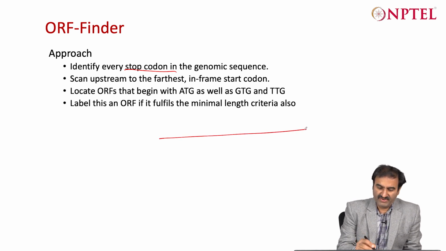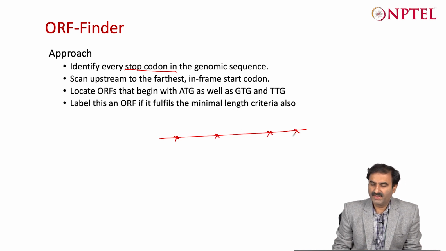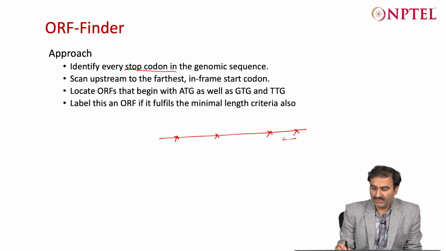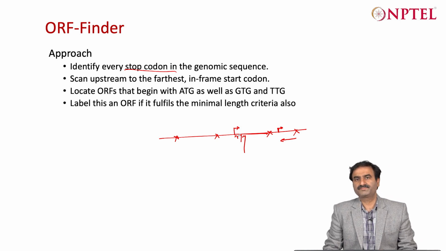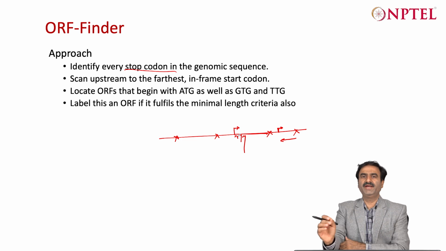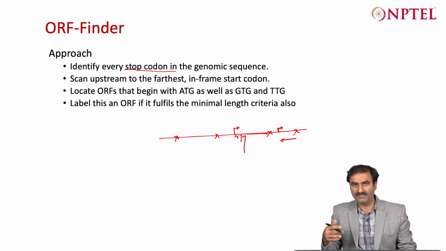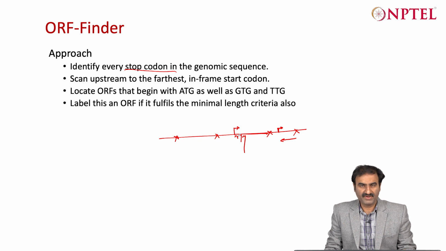It will first identify all the stop codons in the sequence, and upstream of these stop codons, it will find the start codon, the farthest start codon. There could be an ATG here, or TTG here, or here, possible. But it will find the farthest one, and later on it can be resolved which is the correct start and end based on similarity or other factors like locating promoters or RBS, right?